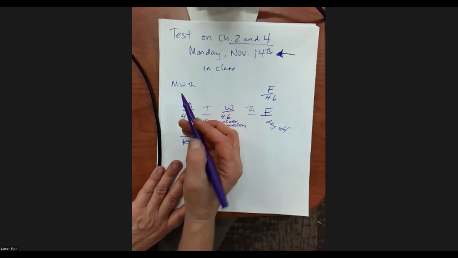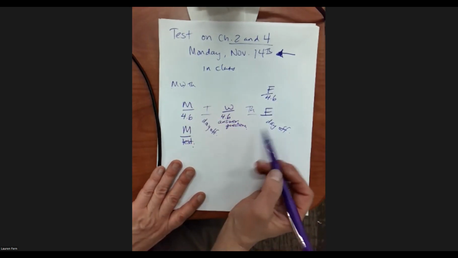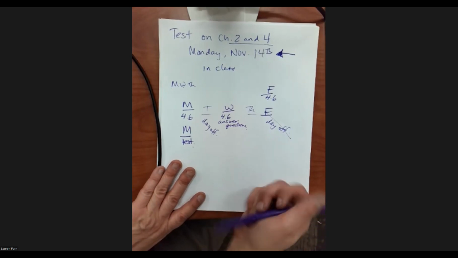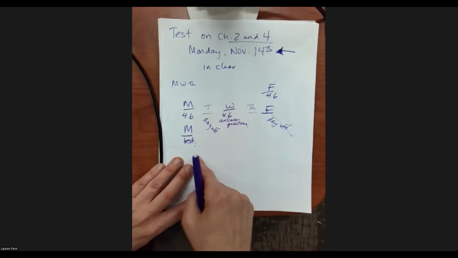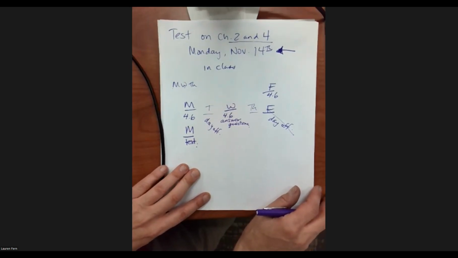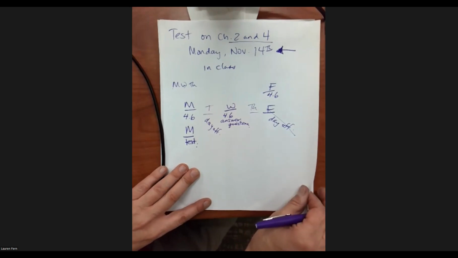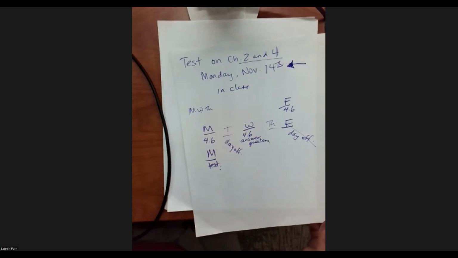Okay, so you only have classes Monday, Wednesday, Thursday next week, which means we have Friday off, which is also pretty sweet. Okay, but this is our plan of action. Any questions on that? All right, I just like to make it all really crystal clear.